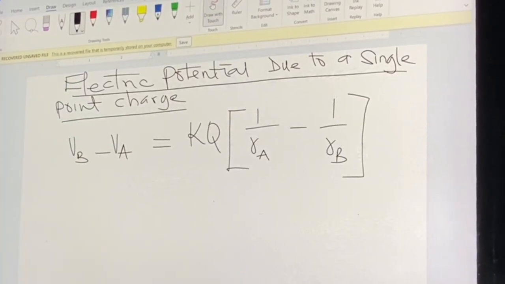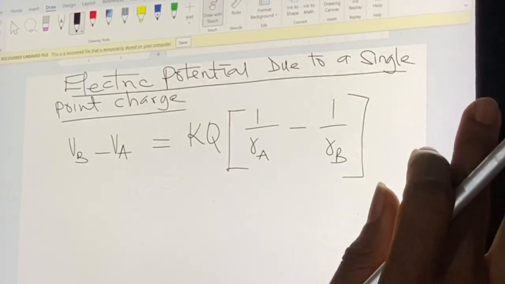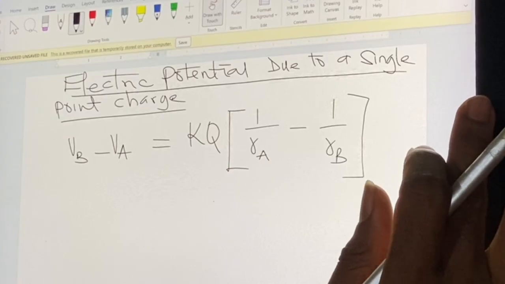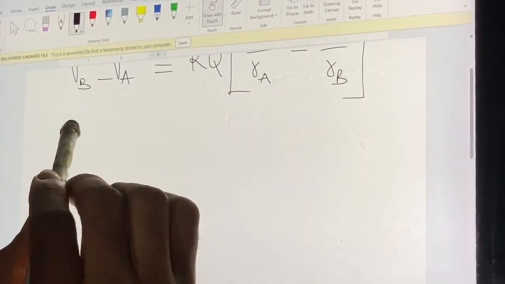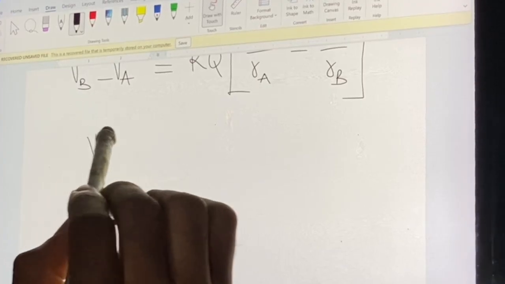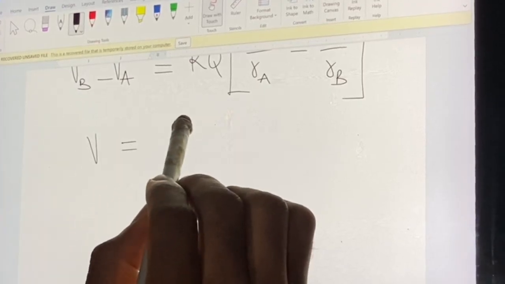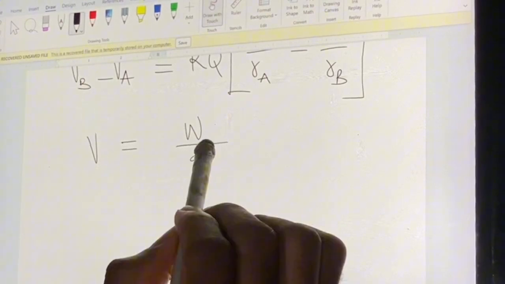So let's derive the above formula for more clarity. Using the fundamental formula for electric potential, we say that electric potential V is equal to work done over charge.